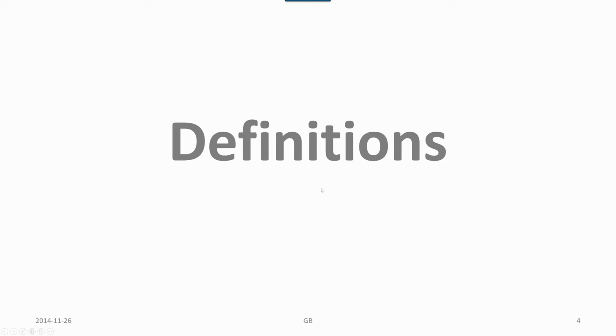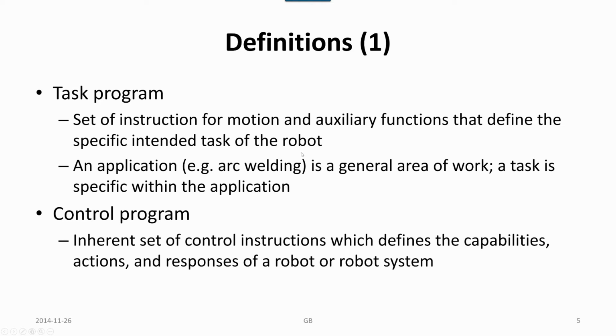So some basic definitions, which also are part of the standards terminology related to robotics. A task program is a set of instructions for motion and auxiliary functions that define the specific intended task of the robot. And an application for an industrial robot could be arc welding, polishing, machine tending, assembly. That is the general area of work.